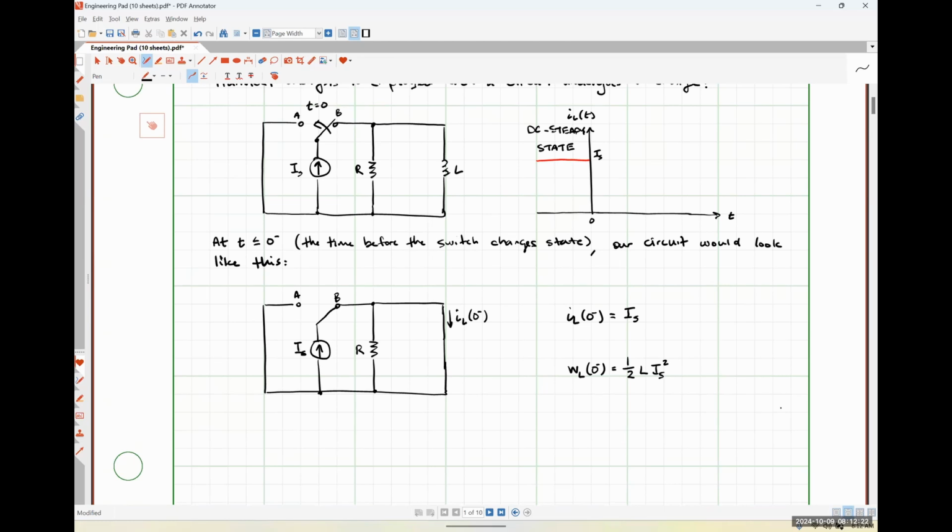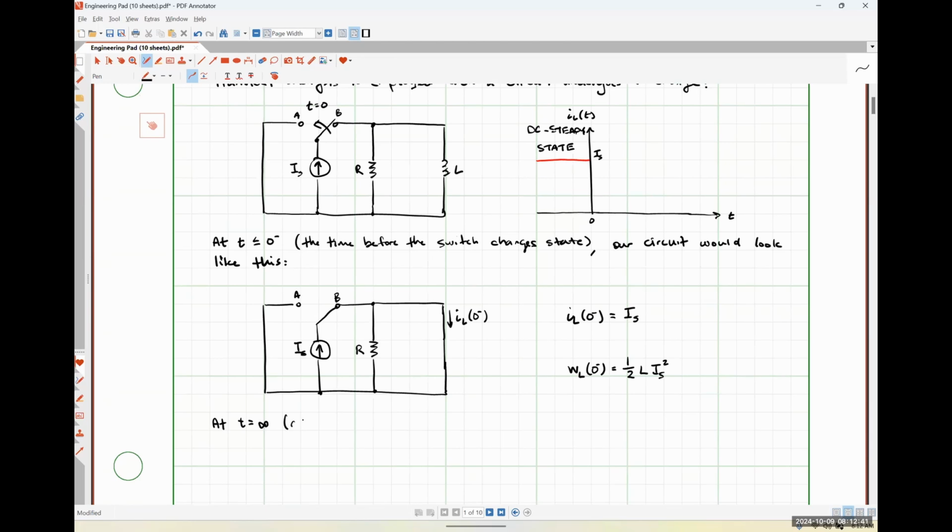Okay, so let's look at something else. At t equals infinity. Now this may seem odd, so let me tell you what I mean by this.